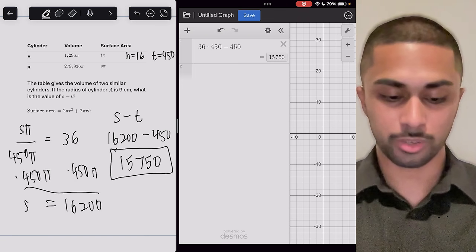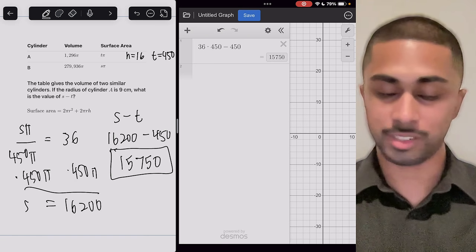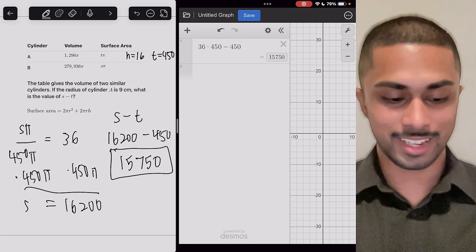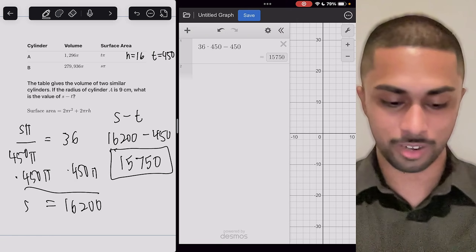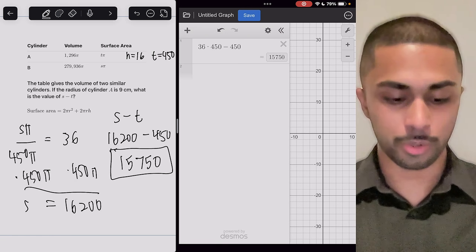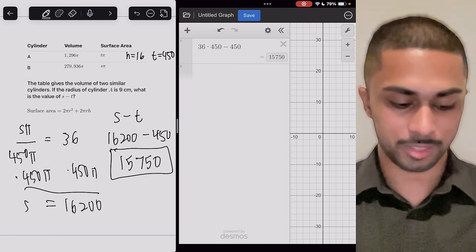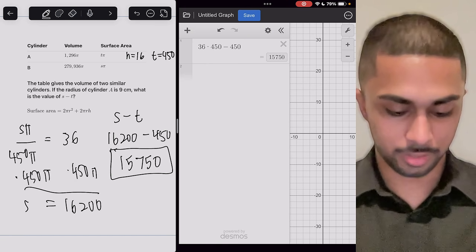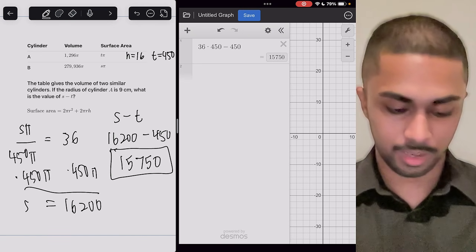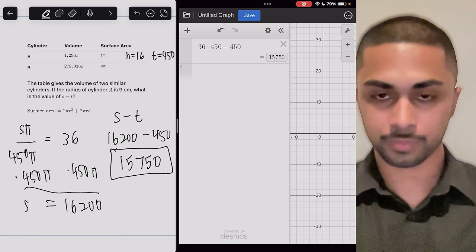And from there, we also knew that the ratio between the surface areas of the two similar 3D shapes is the scale factor squared. So we multiplied T pi times 36, which was the scale factor squared, to find S, and we just found S minus T.